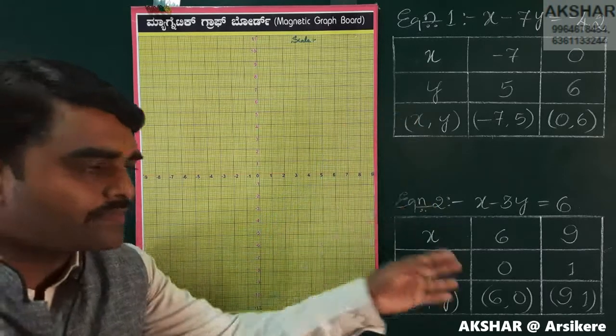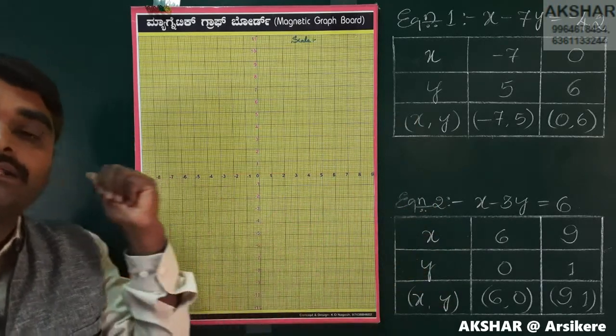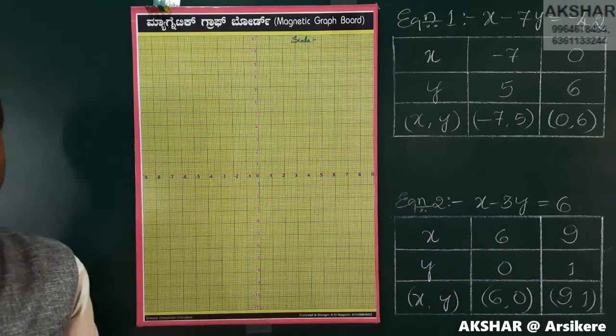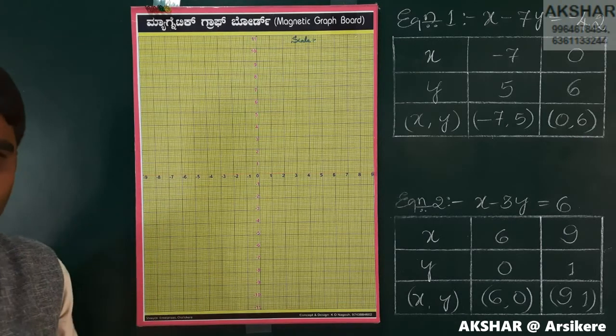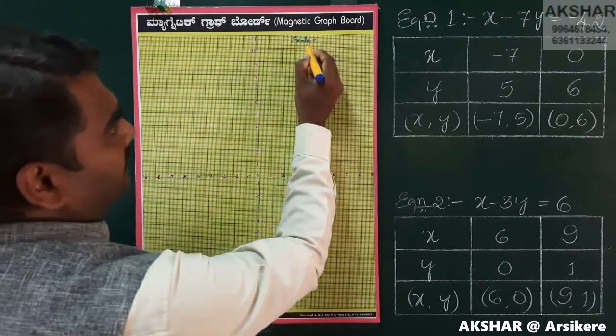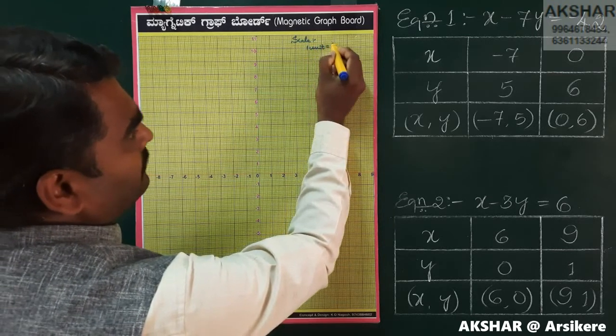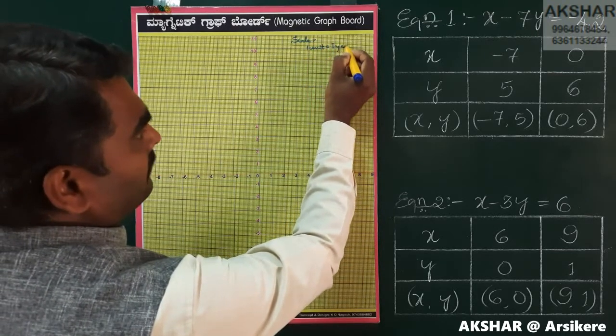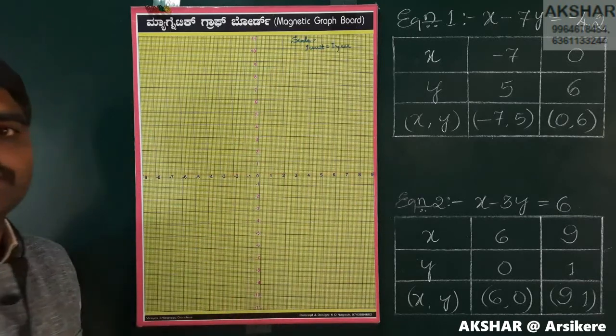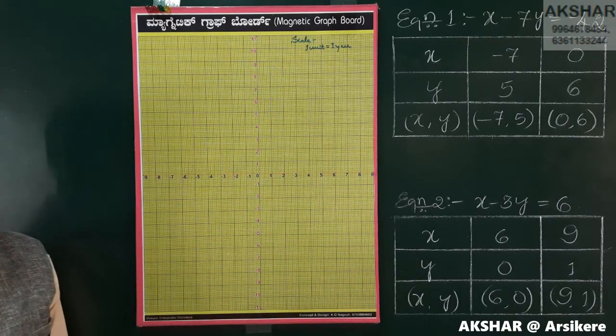Here I am going to solve the equation regarding the problem of ages of father and daughter, right? So I am considering scale 1 unit is equal to 1 year.